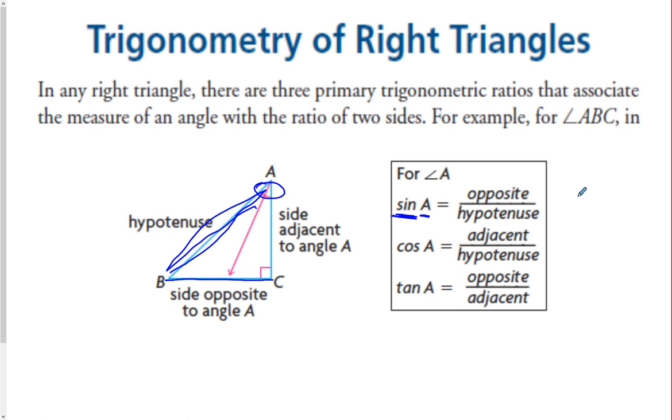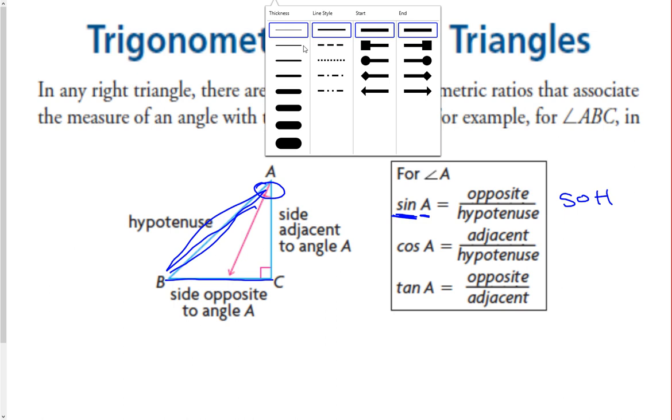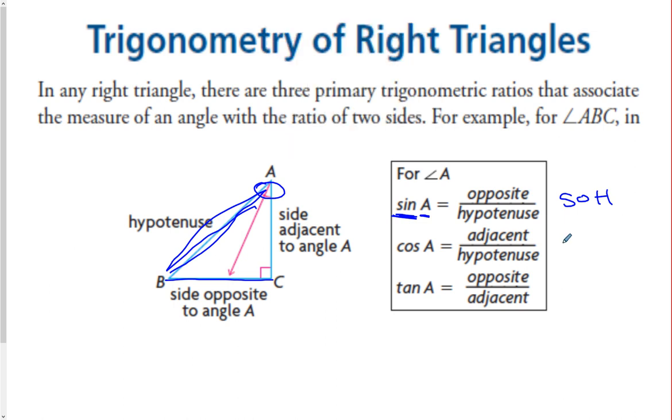And of course, to remember that, we write the words SOH, so. And that means when you hear the word sine, that means you're dividing the opposite and hypotenuse sides. Same deal for cosine. That's just a funny word that someone came up with to mean divide the adjacent side by the hypotenuse.